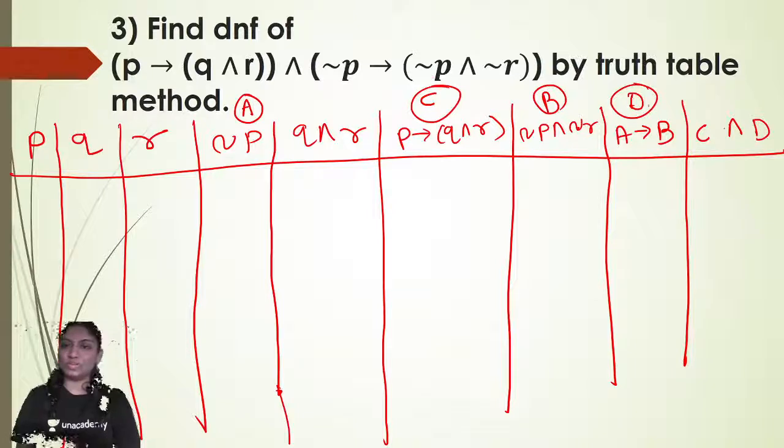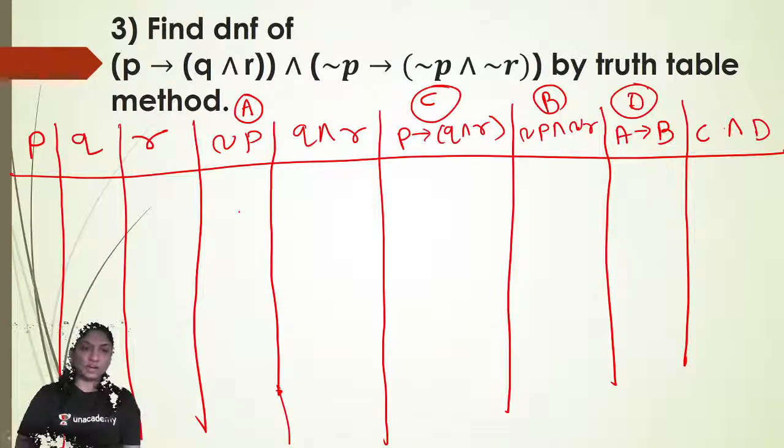Instead of writing the whole statement, I'm creating it like this: P, Q, R. This negation of P means A. Here A implies B means negation of P implies negation of P and negation of R. Right? And this is your D. So this is P implies Q and R, it means C, and D. So C and D. Okay, so we will find out here.